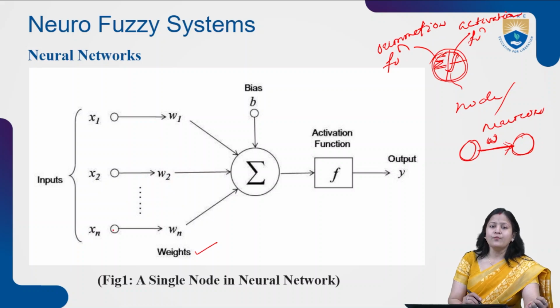Next, all these inputs along with their corresponding weights are provided to the summation function first. The summation function adds all the inputs together. How does it add? First it multiplies x1 w1 plus x2 w2 and so on, up to plus xn wn.